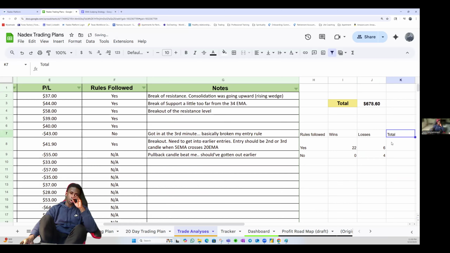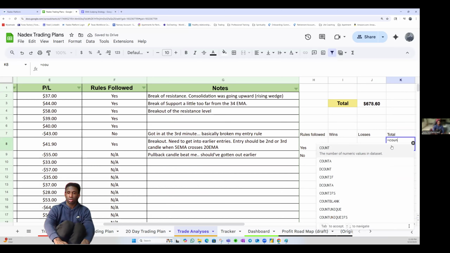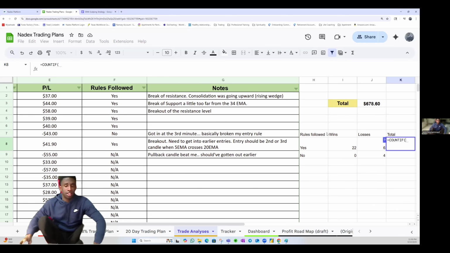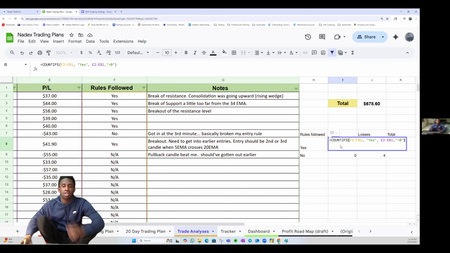All right, now the total, we're gonna do COUNTIF. What's column B again, y'all? The rules followed column B. That's F in our case.